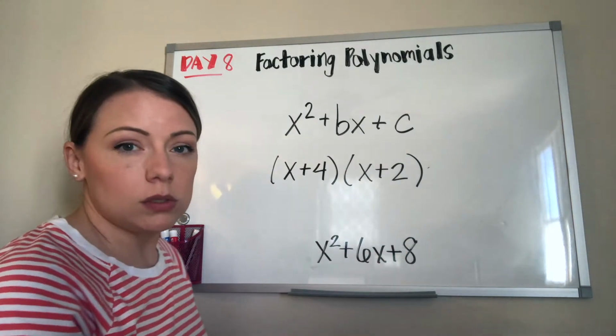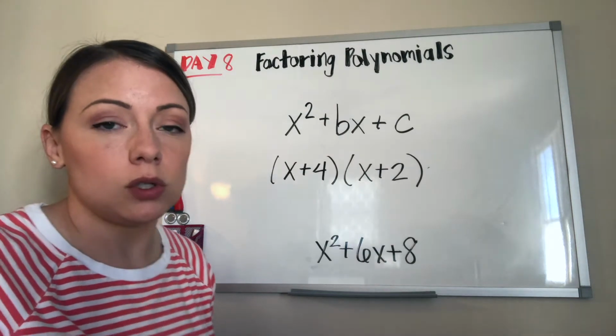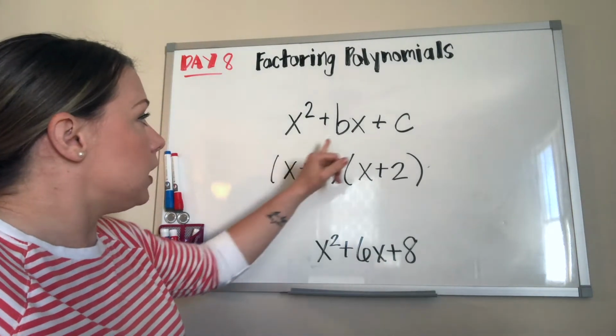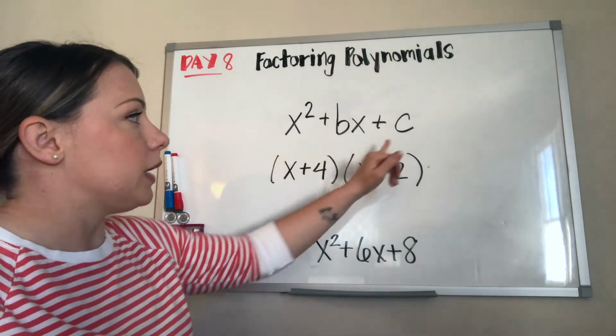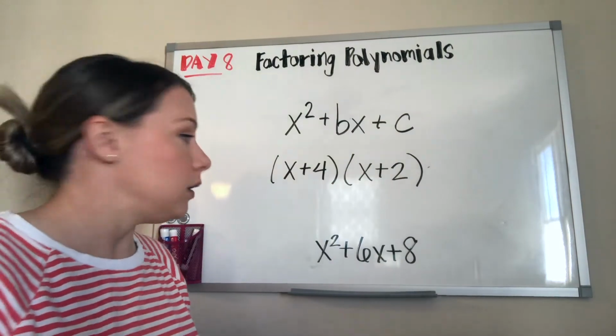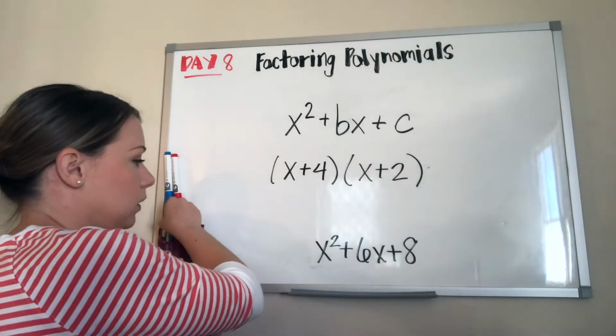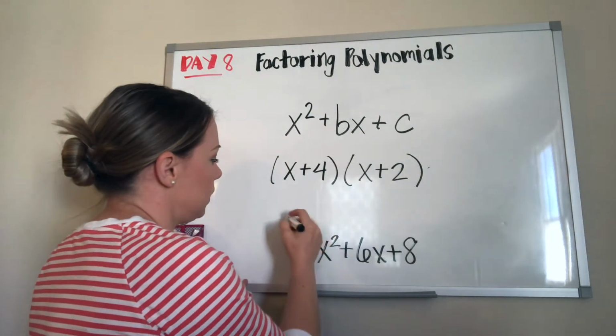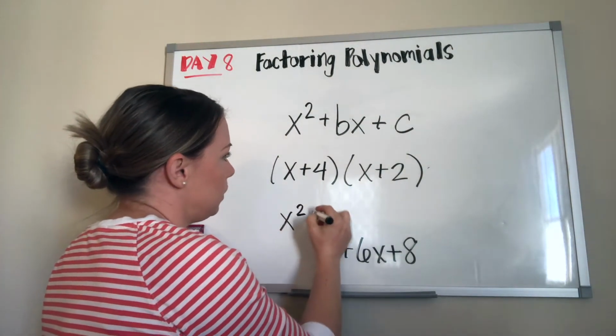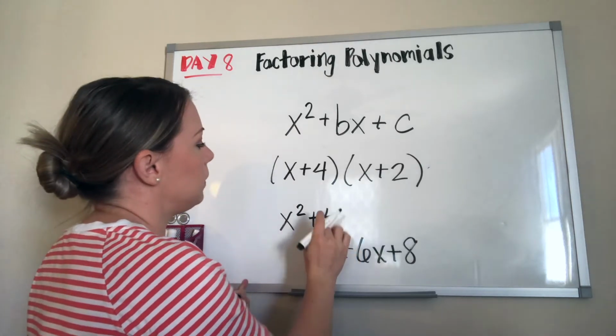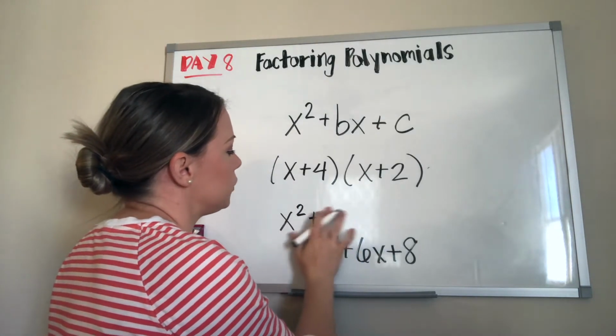In your notes, there's some information that I had you look at concerning how B would be created and how C would be created. So let me rewrite this information one more time. I believe 2x was actually first, so let me try that again.